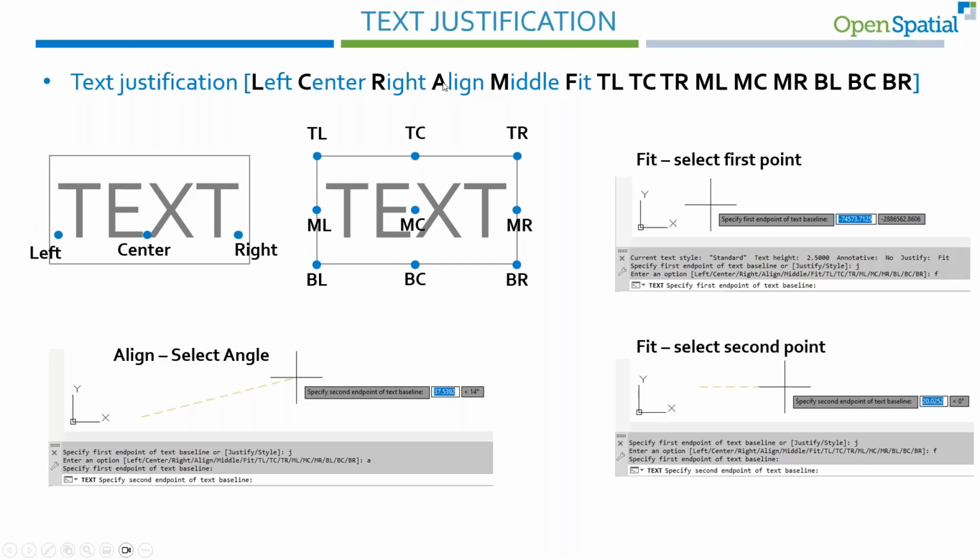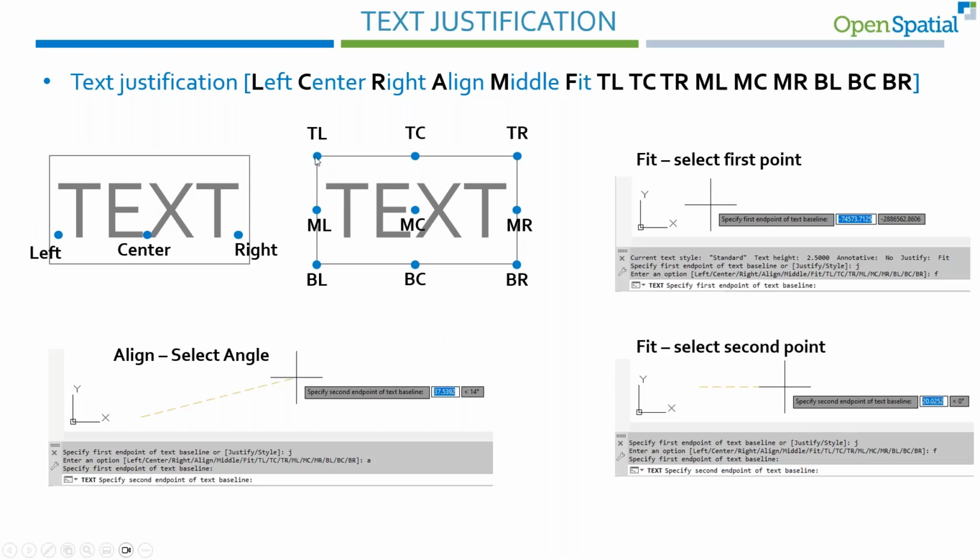Align will align it to another entity, basically a line angle. So if you want to rotate the text, that's what the line would do. Middle is right in the middle. Middle, center, and middle would be the same type of thing. Fit: you draw a box and it will fit within those entities.